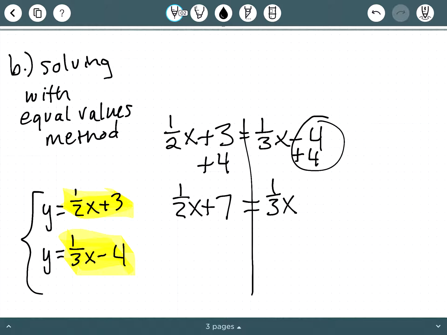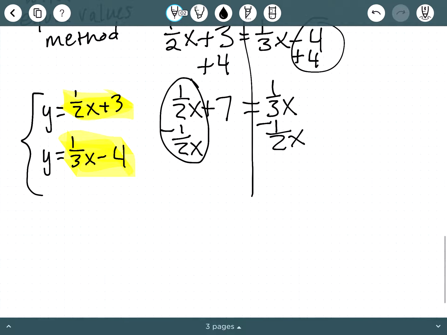Now to get the x on one side, what I would do is I would subtract 1/2 x from this side and subtract 1/2 x from this side. That leaves us with a 7 and equals, if you aren't great with fractions, don't worry, you can just put it into the calculator.